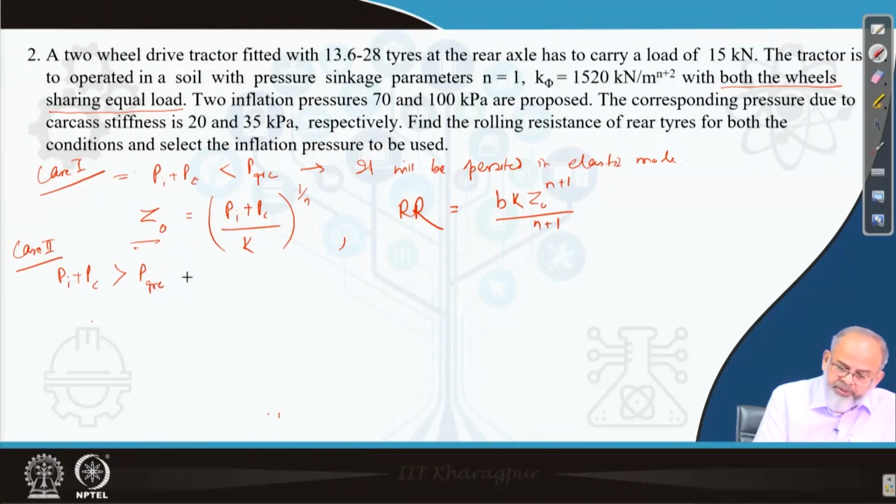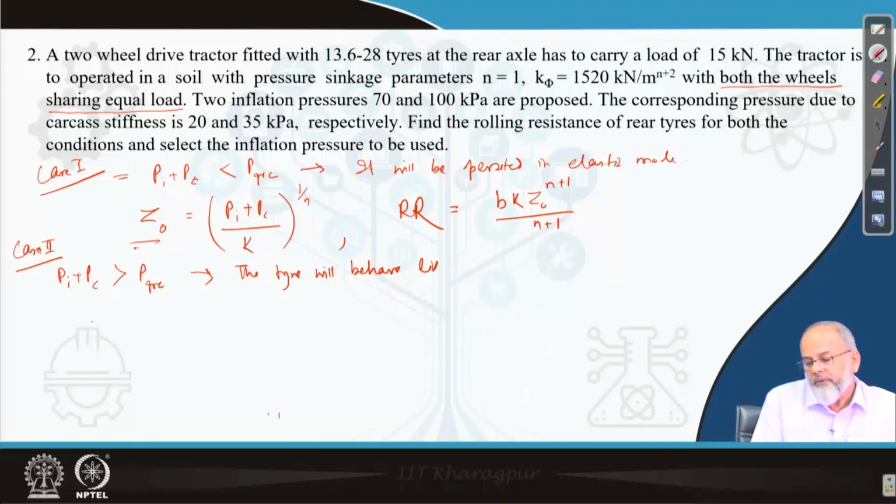So, the tire will behave in rigid mode. Okay? That means it will behave like a rigid wheel.